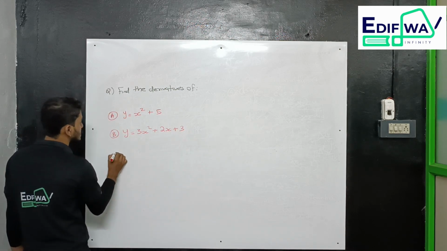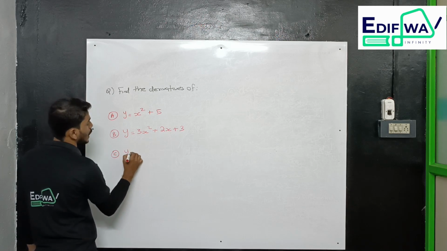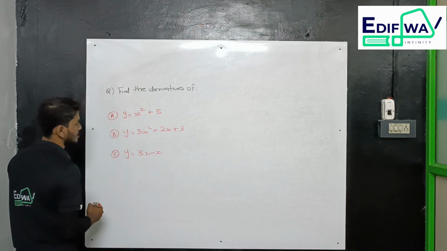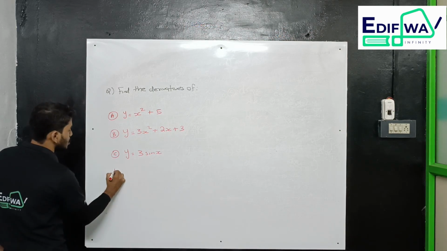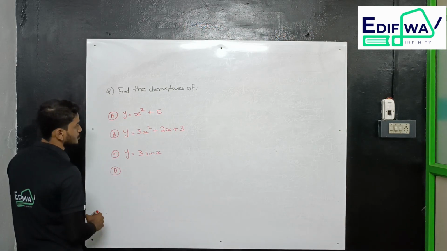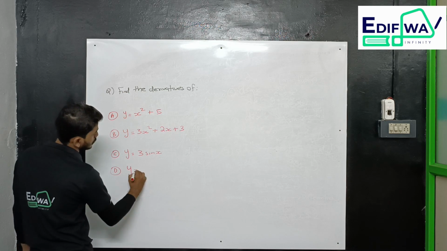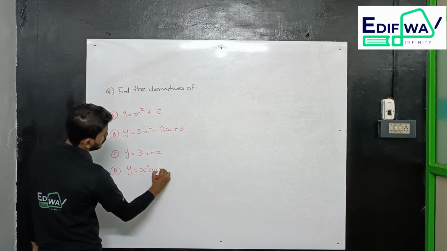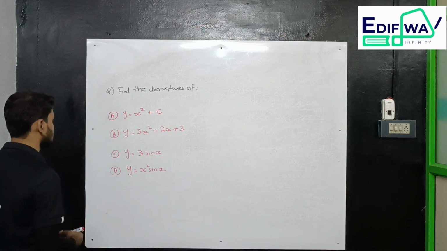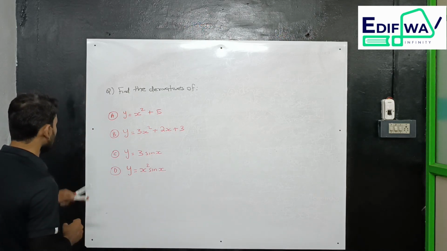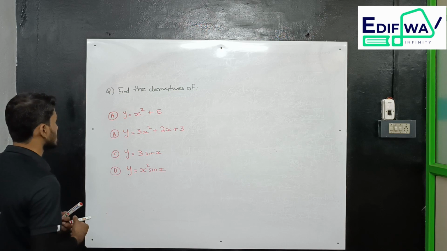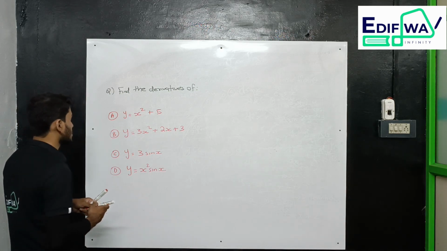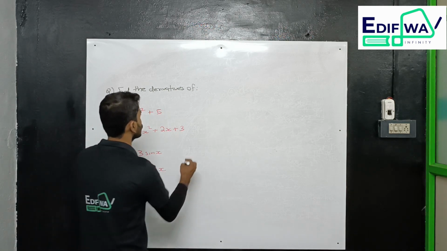Your C question is y is equal to 3 sin x. Your D question is y is equal to x square sin x. So we will be doing these 4 questions and we will learn all the formulas related to this. So let's go ahead.